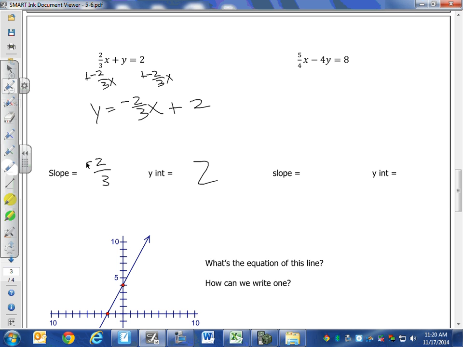Guess what? You can divide fractions by a number. Same thing as multiplying by the reciprocal. Let's do that. Solve for y.